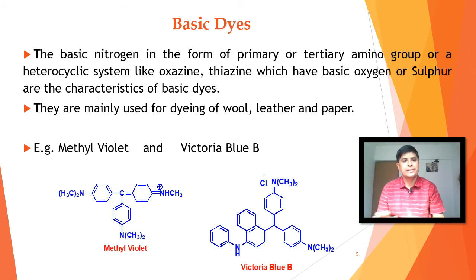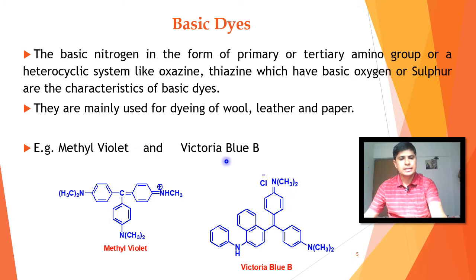These basic dyes are mainly used for dyeing wool, leather and paper. For example, methyl violet and Victoria blue V. Both are basic dyes.